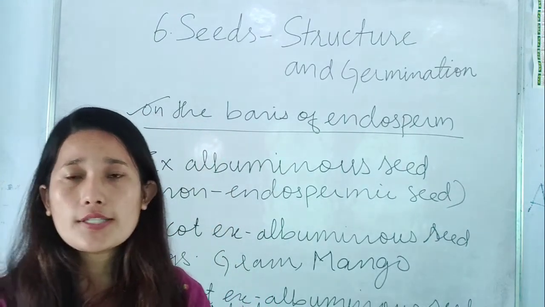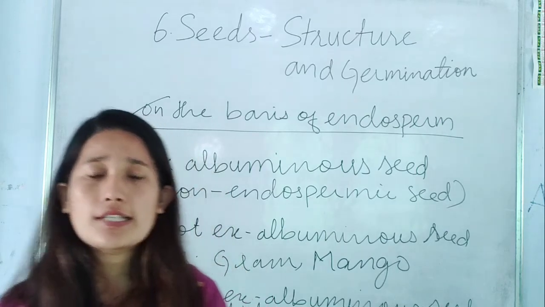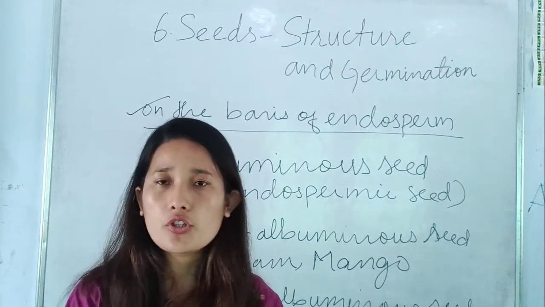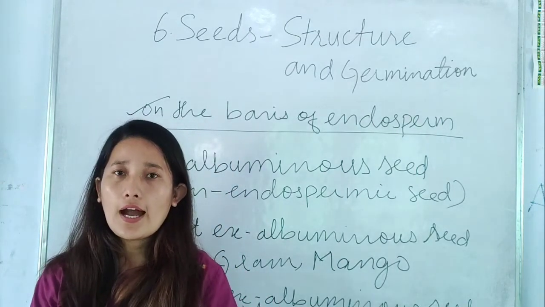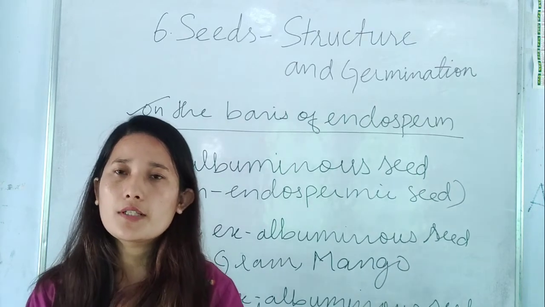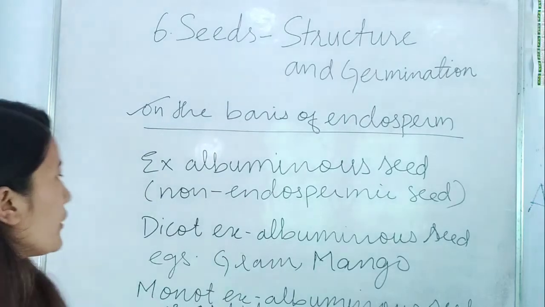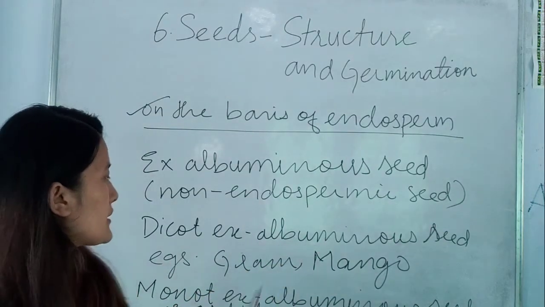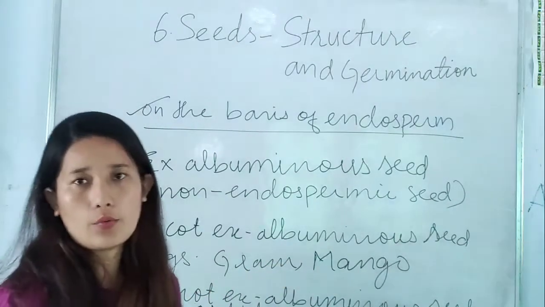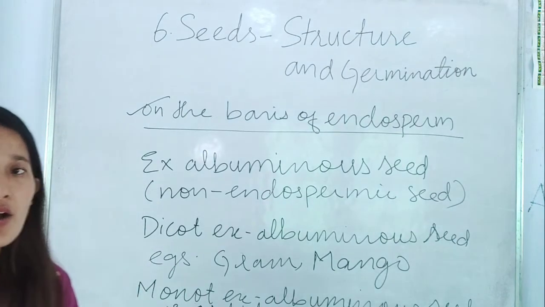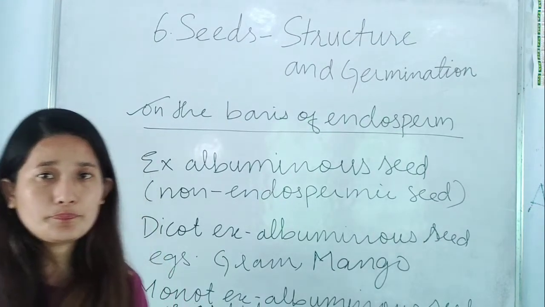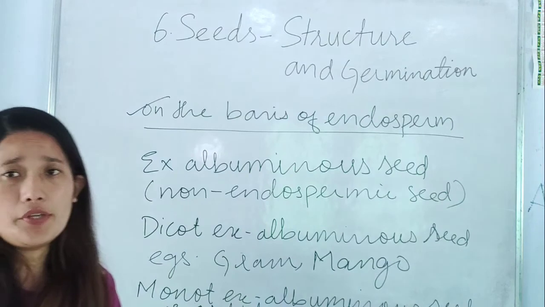These are generally present in dicot seeds. Though there are exceptions, and some monocot seeds are also ex-albuminous, it is majorly found in dicot seeds. Examples of dicot ex-albuminous seeds are gram and mango.